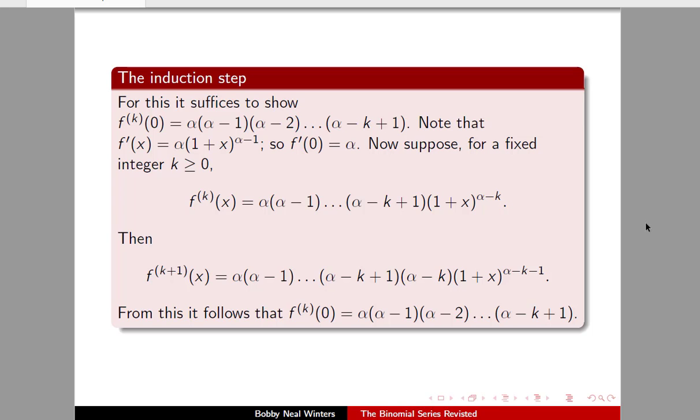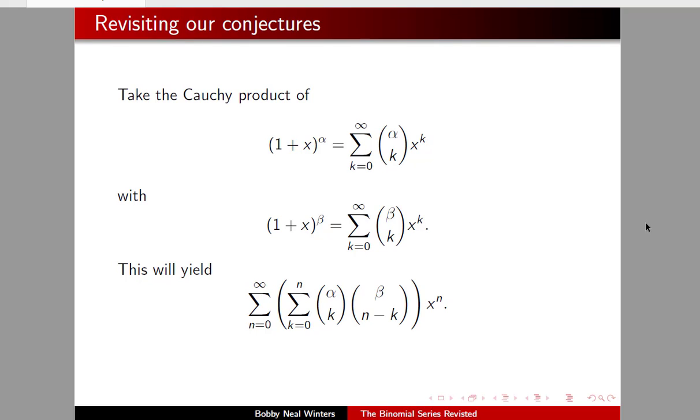Okay, given our proof of the binomial series, let's revisit our conjectures. Okay, we have (1 plus x) to the alpha power is the sum of k equals 0 to infinity, alpha choose k, x to the k power. And we have (1 plus x) to the beta is equal to the sum of k equals 0 to infinity, beta choose k times x to the k power.